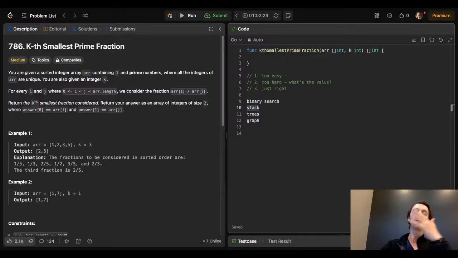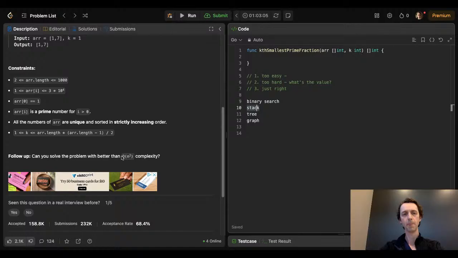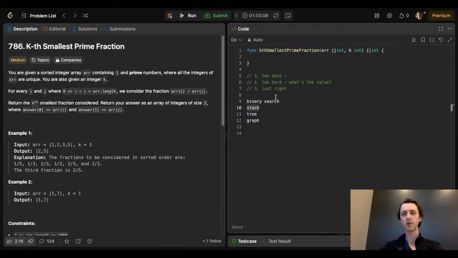Because during an interview you might get one of these classics, just a good stack problem, or a good graph problem, a good tree problem, and you need to solve it well before you try to do some fancy extracurricular.